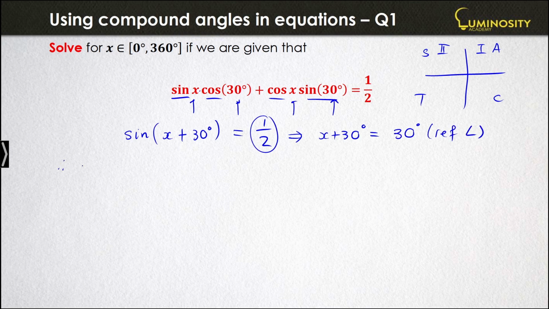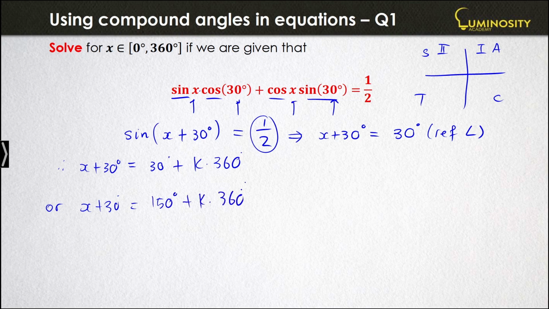So therefore, my two solutions are: x plus 30 degrees must either equal 30 degrees plus k times 360 for the period of sine, or in the second quadrant, x plus 30 degrees must equal 180 degrees minus 30, so that's 150 degrees, plus k times 360 degrees, where k is an integer.